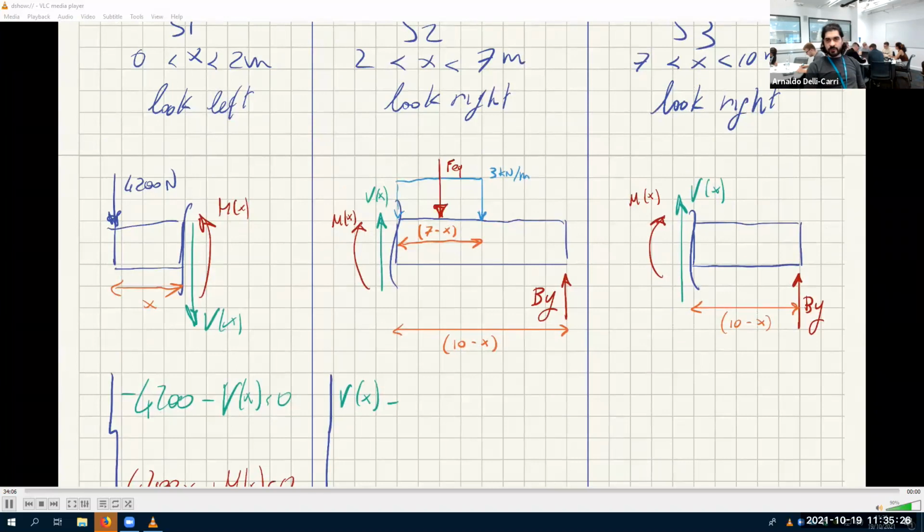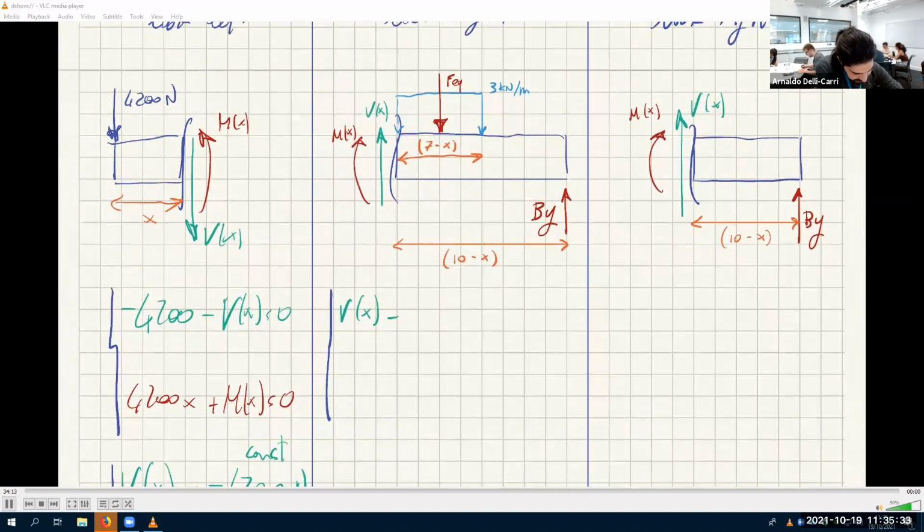How much is F equivalent? 3 times 7 minus x. Agreed? Minus 3 times 7 minus x plus by equals 0.